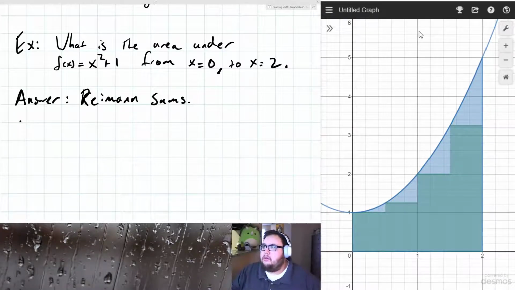The bottom of the box is on the x-axis, and the left-hand side of the top of the box hits the curve, right? And those are all rectangles we can find the area of.